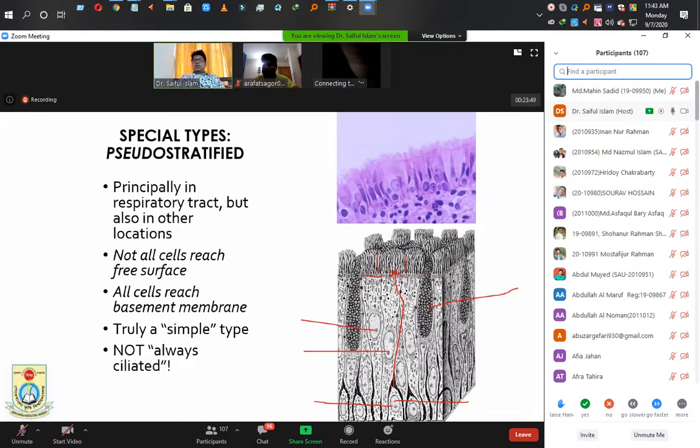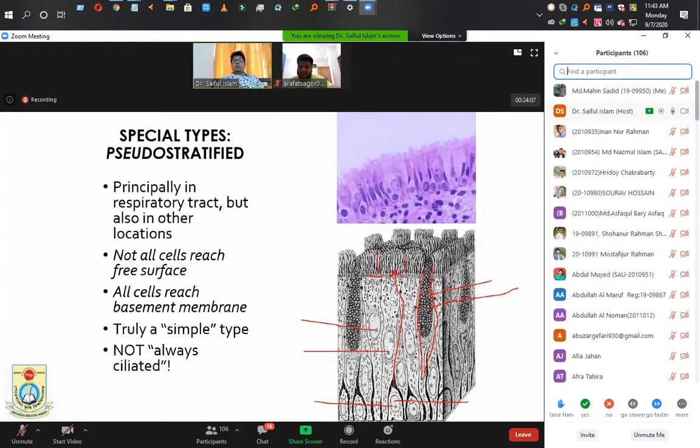A goblet cell is one type of epithelial cell which synthesizes secretion. So in that case, if we like to name the epithelium, we have to say pseudo-stratified ciliated columnar epithelium with goblet cells.